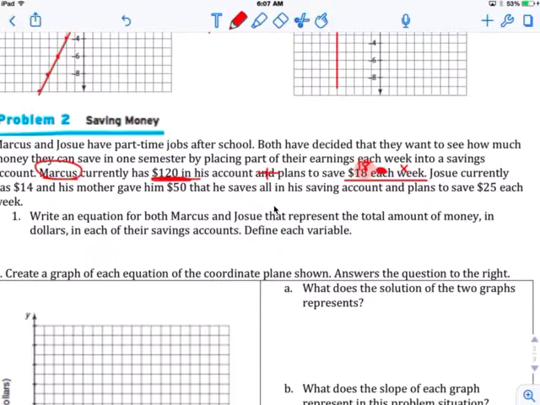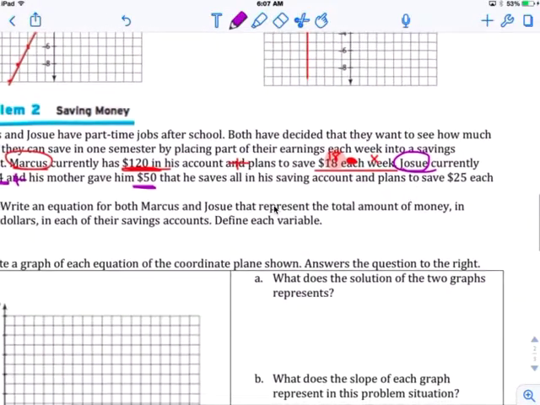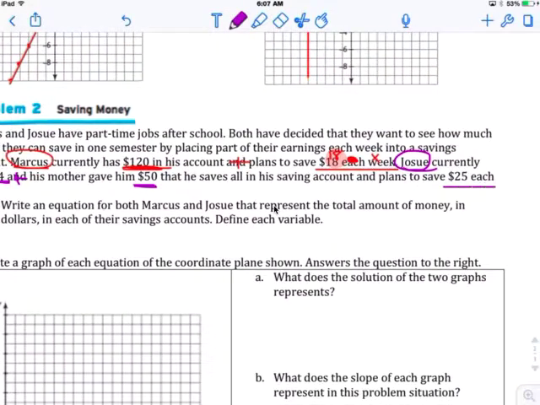Next one is for Josue. He currently has $14, and his mom gave him $50. Together he saves it all in his savings account, so that's $64 he has in his savings, and he plans to save $25 each week.